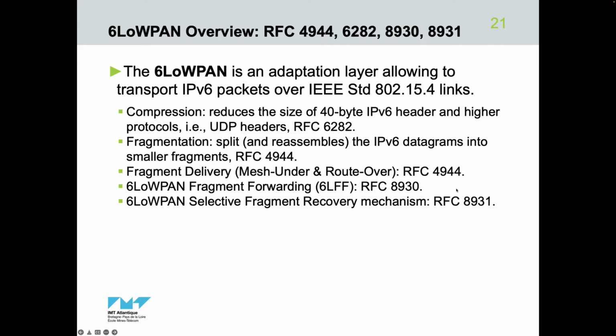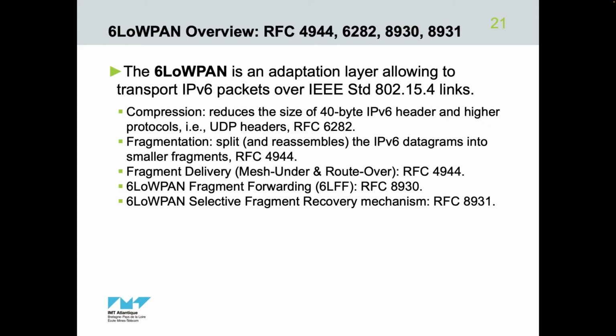Furthermore, recently we have two standards that were defined at the end of 2020. The first is related to what's called 6LoWPAN fragment forwarding, 6LFF, and it is an alternate approach where an intermediate node will forward the fragments without first reassembling the complete IPv6 datagram.